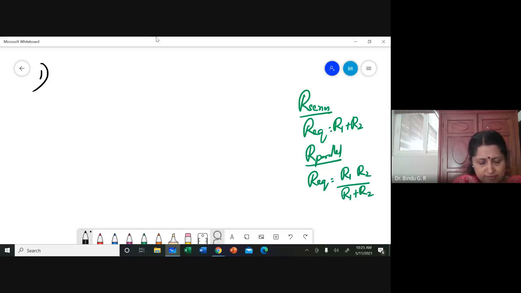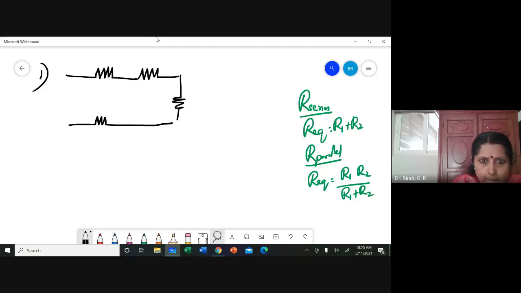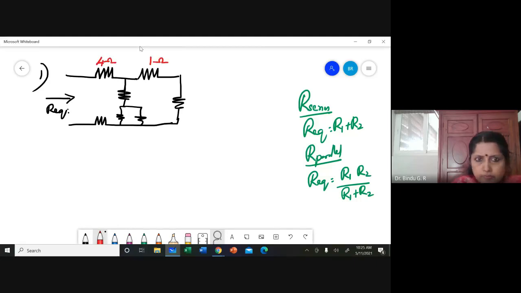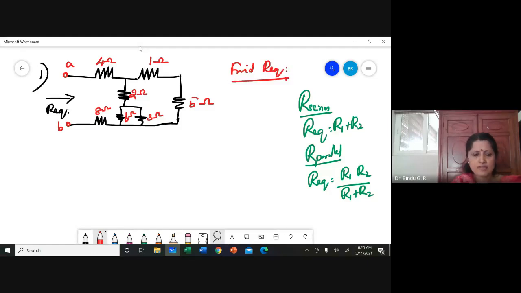Please draw this circuit diagram along with me, okay? Find R equivalent of the given circuit.